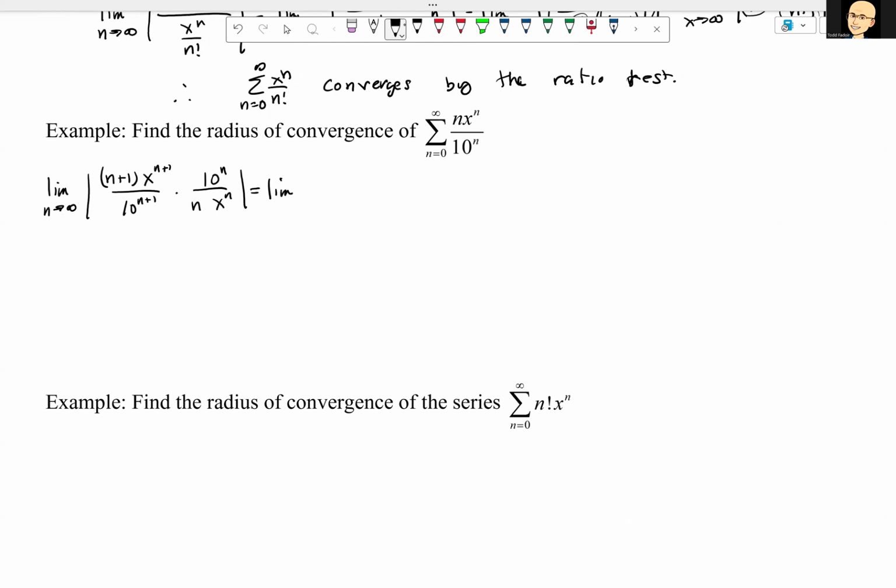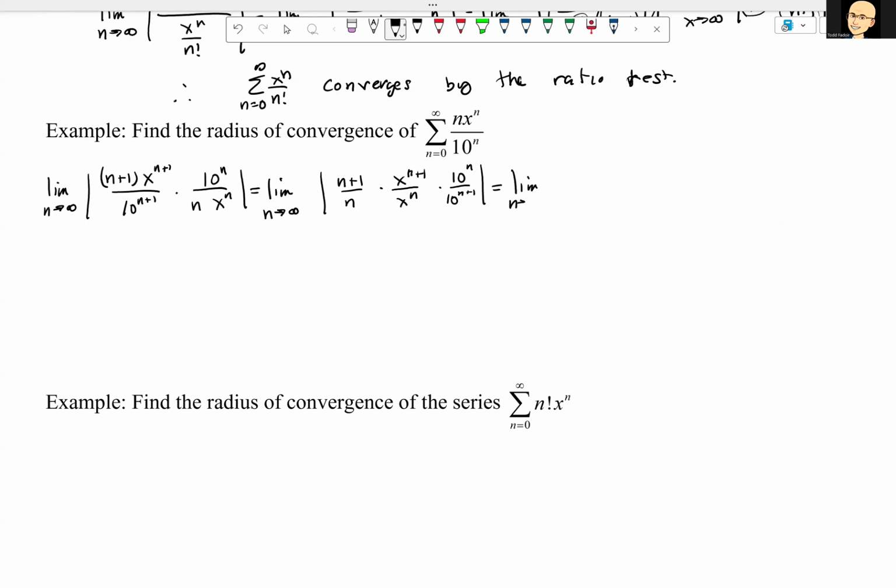And if I rewrite this, I can think of this as n plus 1 over n. I can think of this as x to the n plus 1 over x to the nth. And I can think of this as 10 to the nth over 10 to the n plus 1.